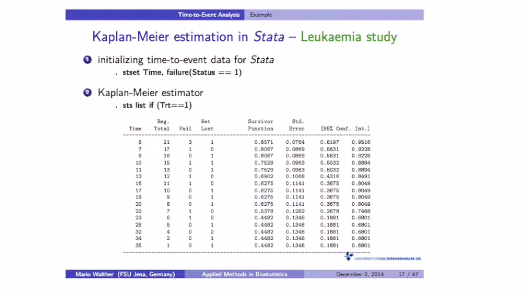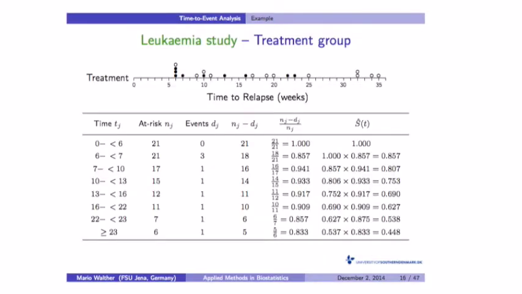What you are doing for life tables is that you separate the time axis into several intervals of equal length, such that in each interval there are enough events. For this example of the leukemia study, there are 8 intervals of length 4 months.